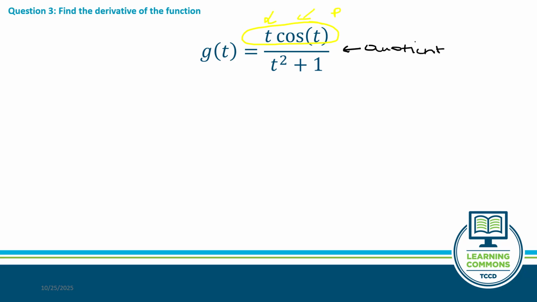So that's also product rule. Now, to be fair, I would set up my quotient first. So do low d high minus high d low all over low squared, and then start working through product rule. That's probably your best way to do it because then it's all organized.